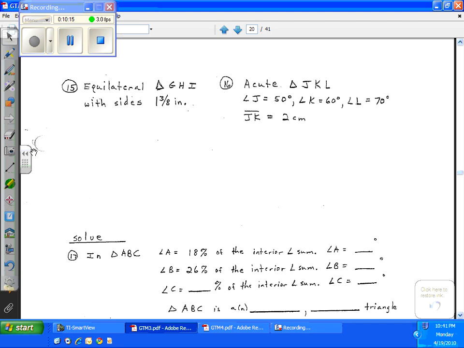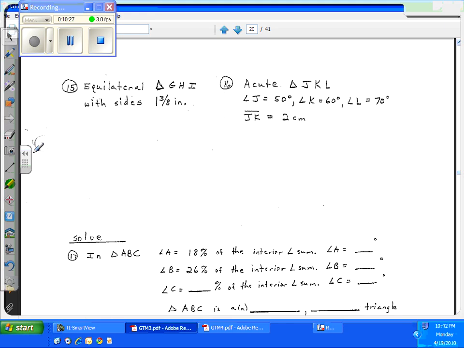When it says something like acute triangle JKL, this is number 16. Angle J is 50, angle K is 60, JL is 70, JK is 2 centimeters. And the first thing we would do is measure JK at 2 centimeters.